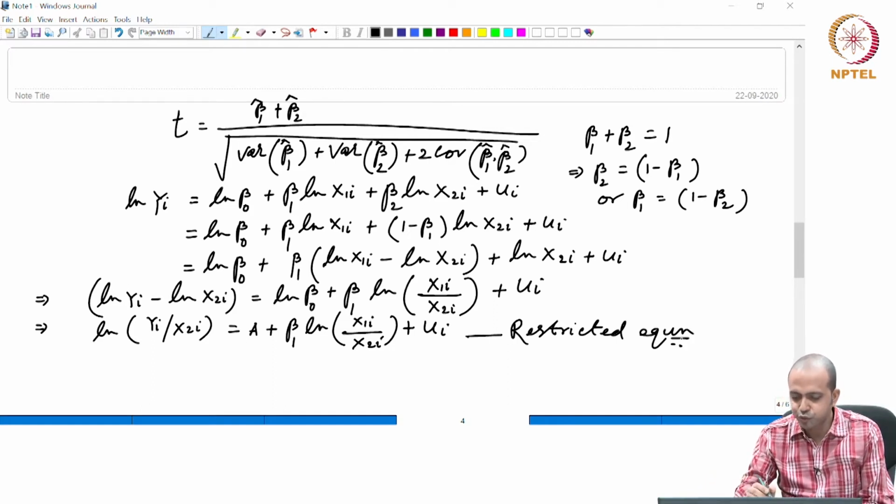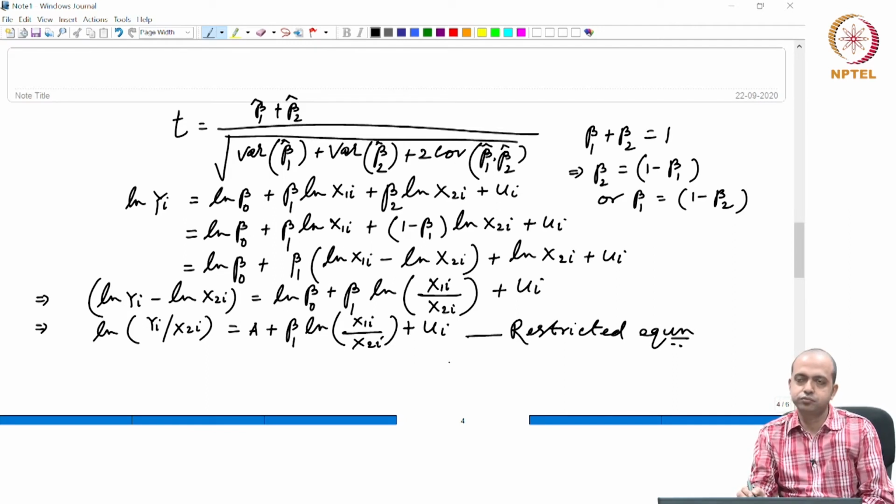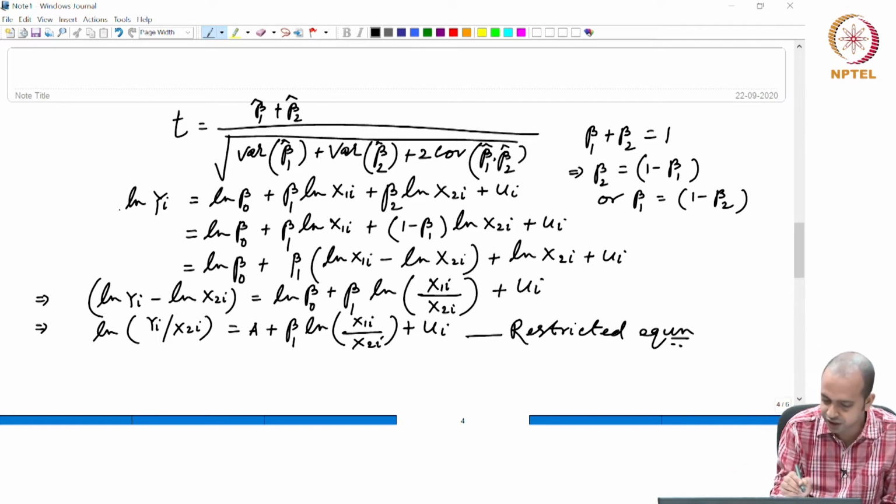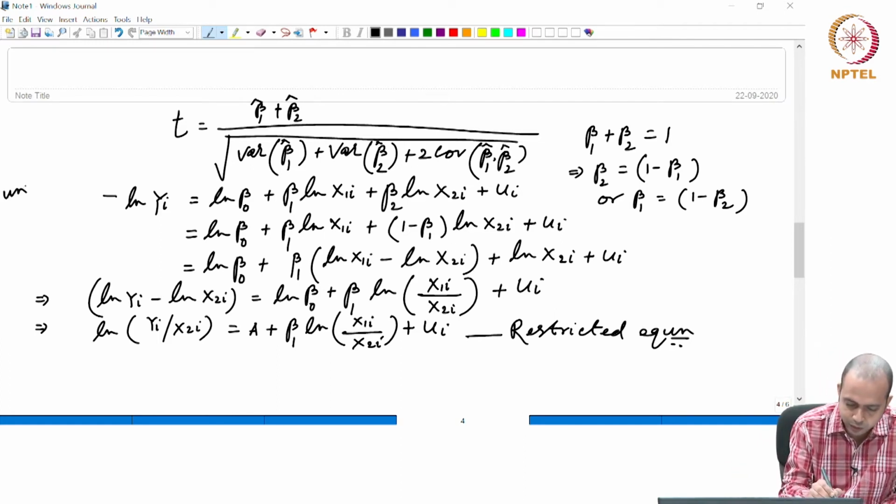Why is this the restricted model? Because I have derived this model after imposing the restriction beta 1 plus beta 2 equals 1. And our unrestricted model is basically this one.